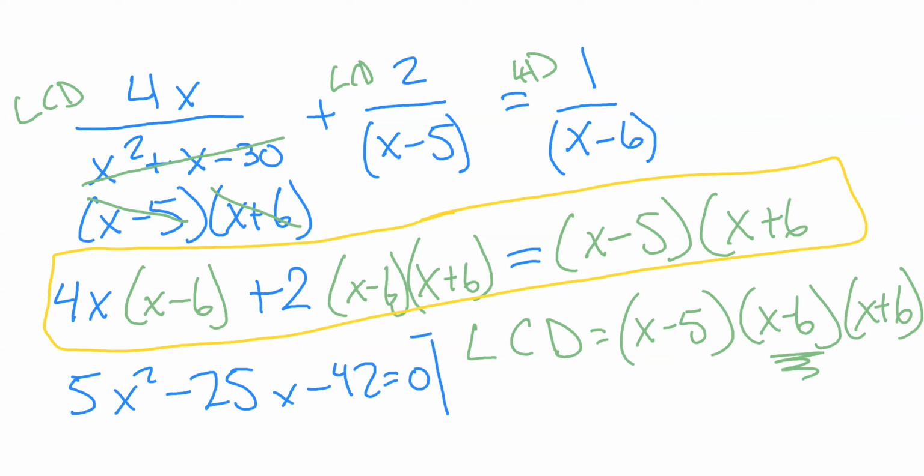And you have a couple choices here. You can complete the square, or you can factor by grouping if possible, or you can use the quadratic formula. I would suggest just using the quadratic formula to solve for x.